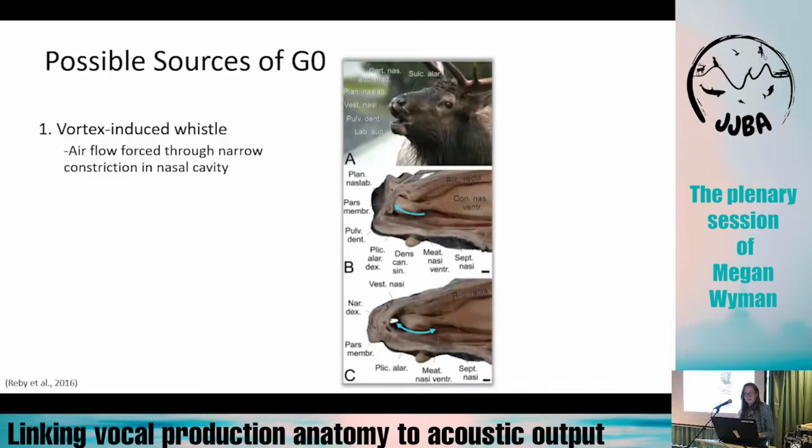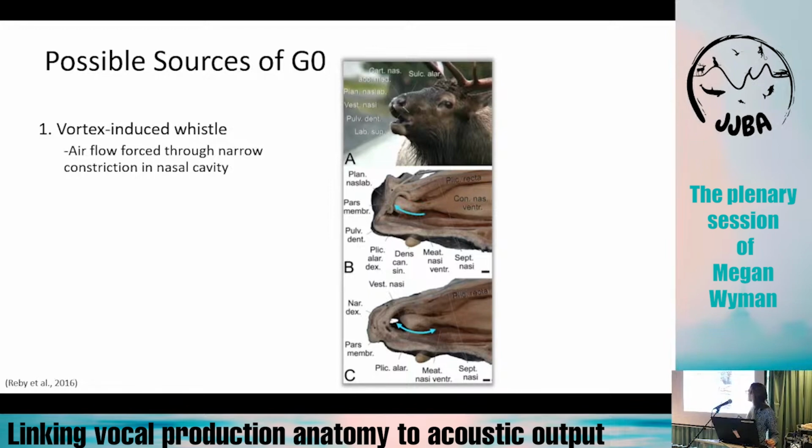And just very briefly on the sources of where this aerodynamic whistle might be coming from, we did some dissections of wapiti and recordings and found that it could be a vortex-induced whistle where we have airflow that's being restricted through this nasal cavity, because when it vocalizes, it sort of pushes its nose up and seems to constrict all of this.